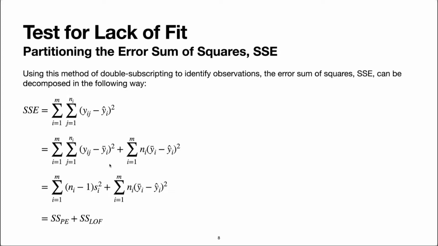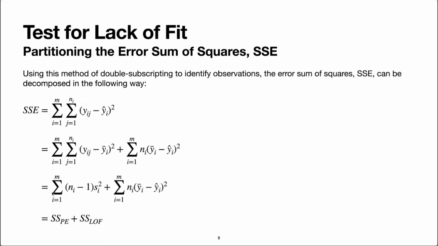All right, so you can take a look at this and see what these represent. I've got two representations of this decomposition. And ultimately, we're going to call this decomposition the sum of squares PE plus the sum of squares LOF.